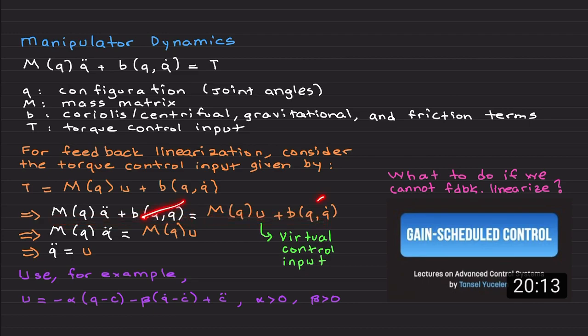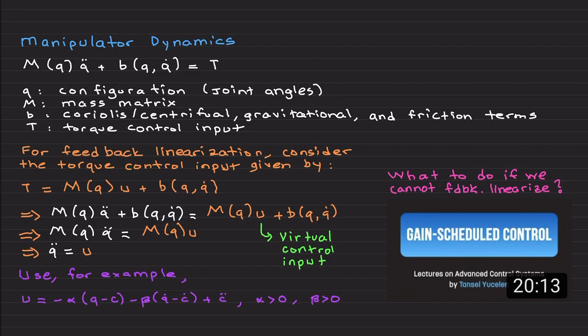As you see, these terms will drop out, and the mass matrix is invertible. Then you arrive at Q double dot equals U, again a linear form; all the nonlinearities that come from M and B dropped. So you can control this simplified system using the virtual control input.